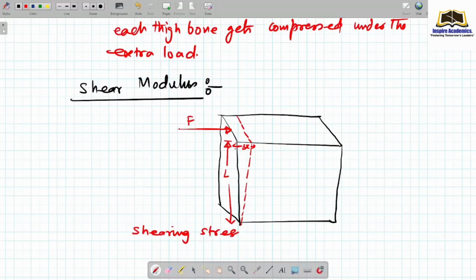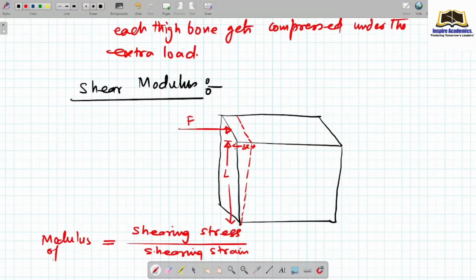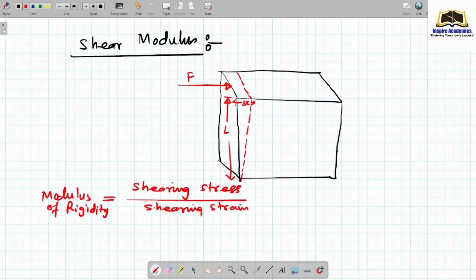The ratio of shearing stress with regards to shearing strain is what is known as modulus of rigidity. This is similar to what we just did as Young's modulus.